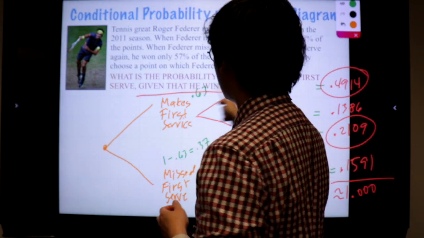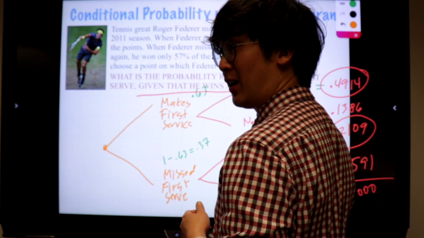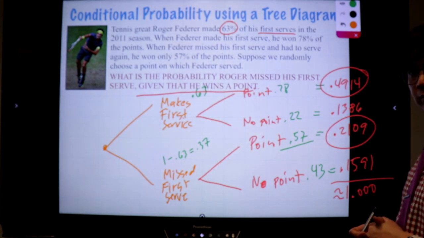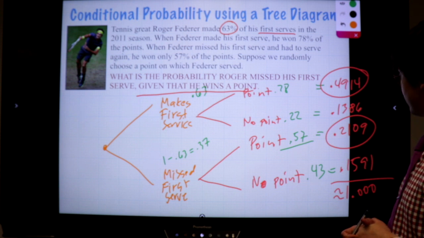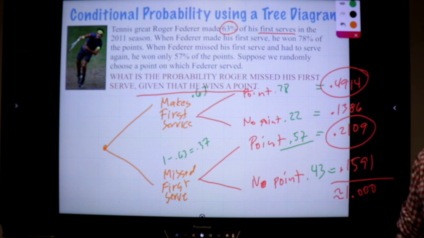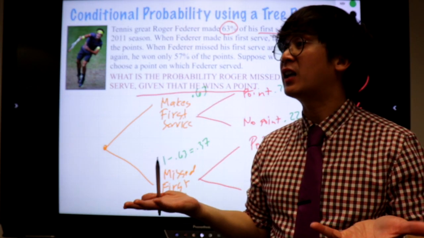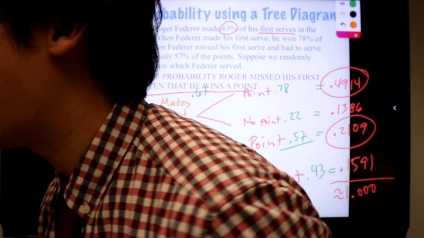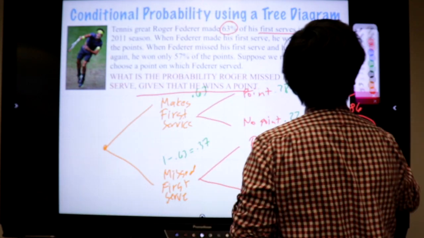Probability Roger missed his first serve and then wins a point, right? So what will be your numerator here? Isn't it just 0.2109? Yes. So it's 0.2109 over the sum of the probabilities of him winning a point. Got it? Okay.